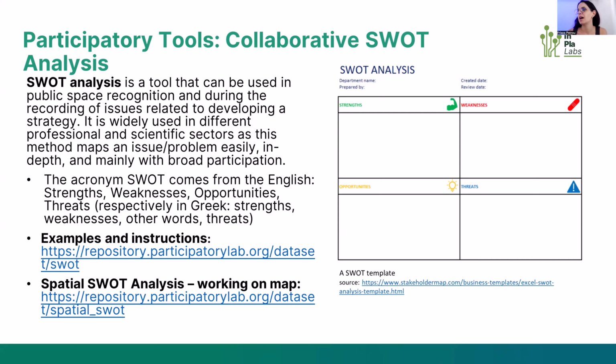In some cases, we use different colors of stickers to indicate these different features, or if we want to be more creative, we create maps with a strong material beneath the map, and you can use pins with different colors to indicate at a spatial level the different features of strengths, weaknesses, opportunities, and threats.